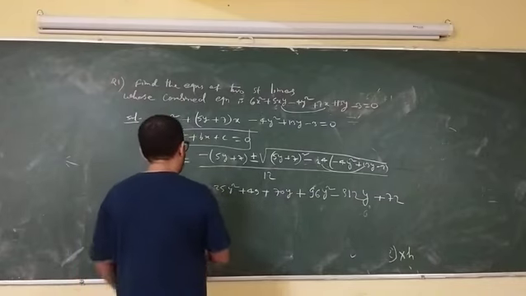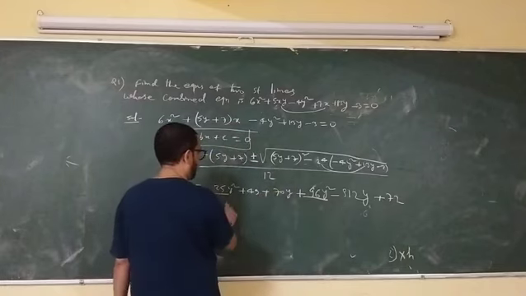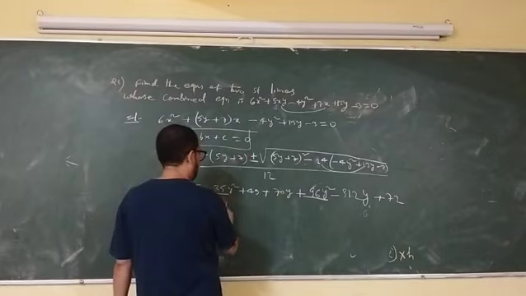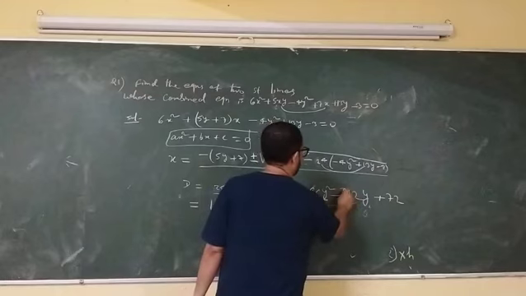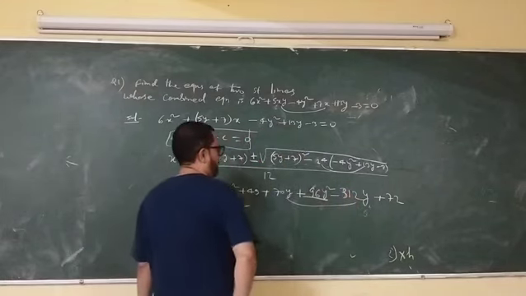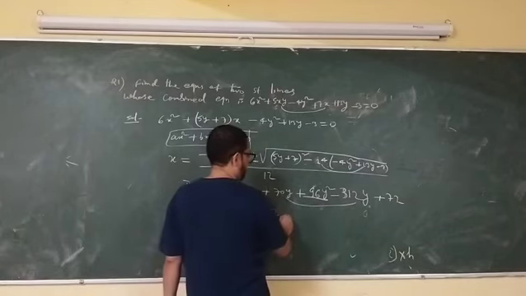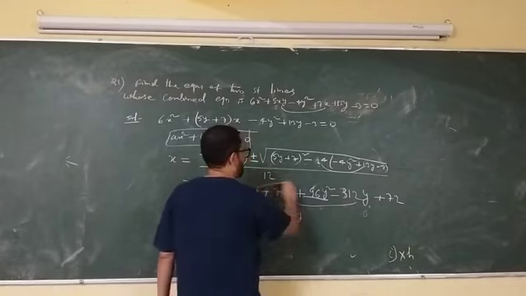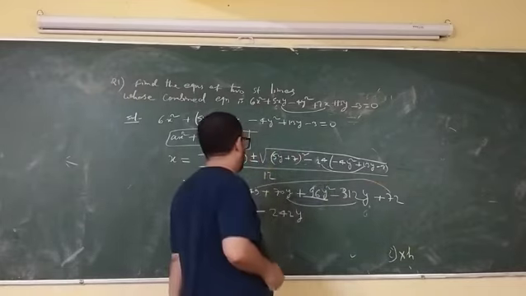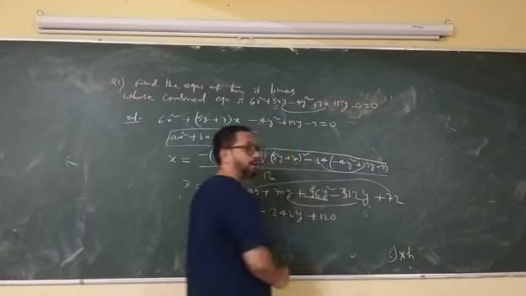So 25y square and 96y square make 121y square, and the y term is 312 and 70, so it will be 240y, and 49 and 72 make 121.